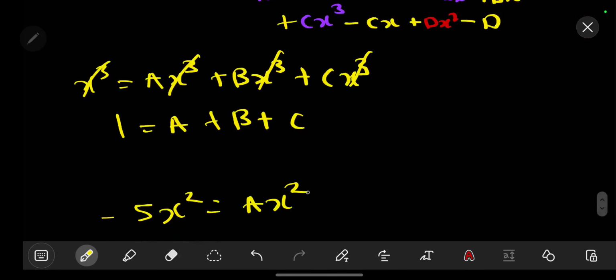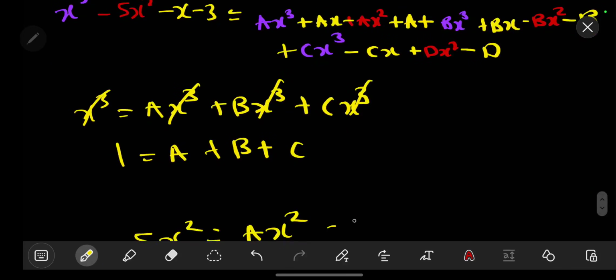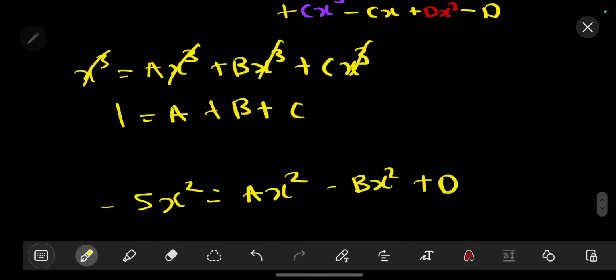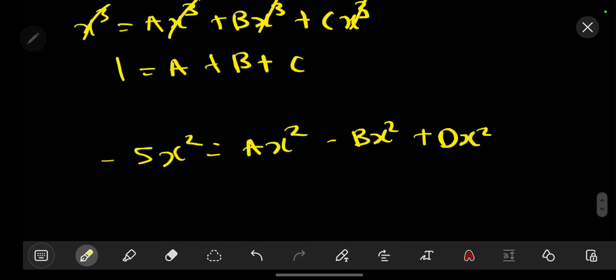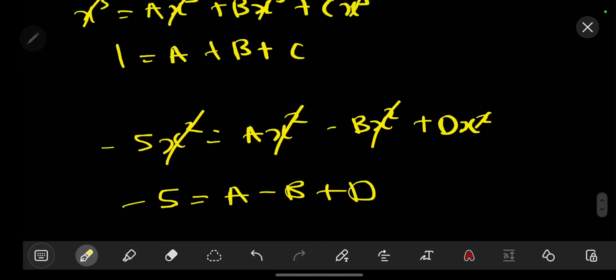So we have positive x squared. We also have a minus bx squared. Then we have plus our dx squared like that. So this is going to give us something like this. So we have negative 5 should be equal to a minus b plus our d like that.